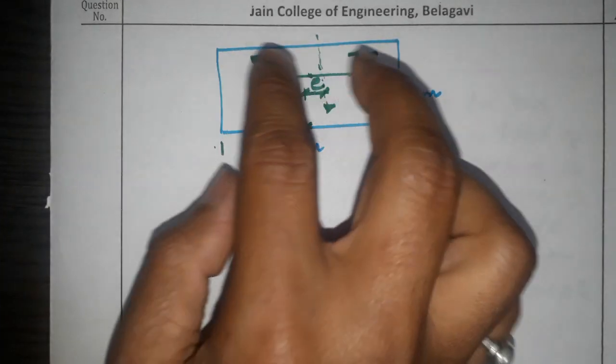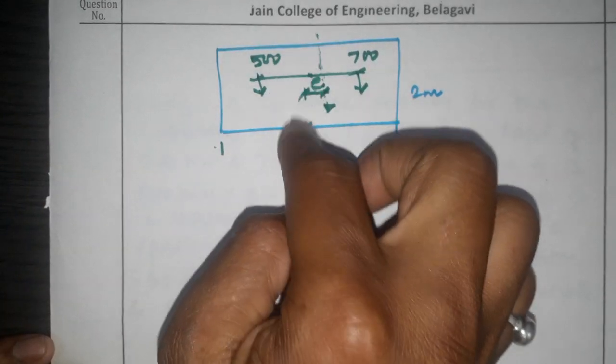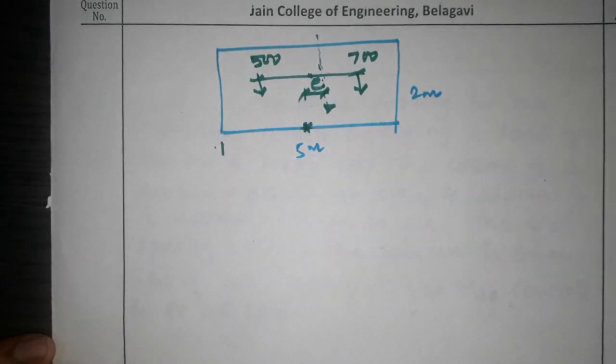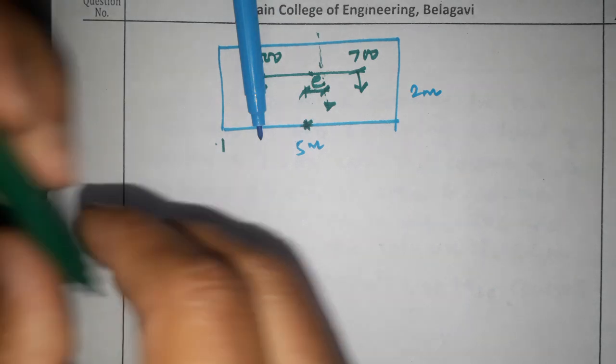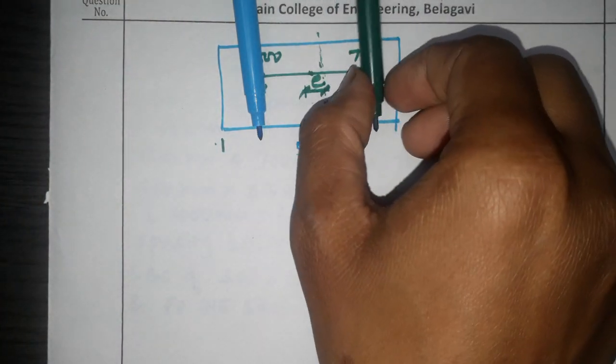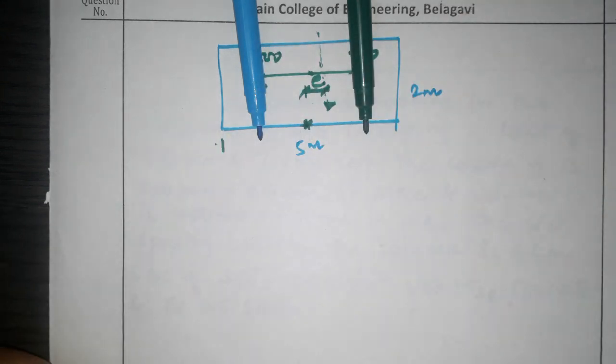You cannot shift the column here and there to get both the CG in same line, because both the columns are fixed. You cannot shift the column. Columns are fixed. But what you can do?